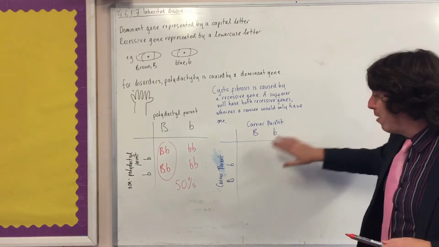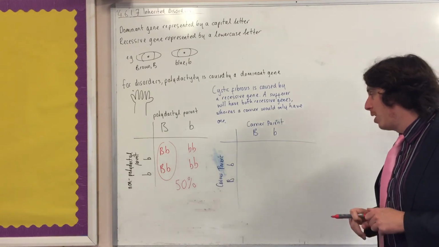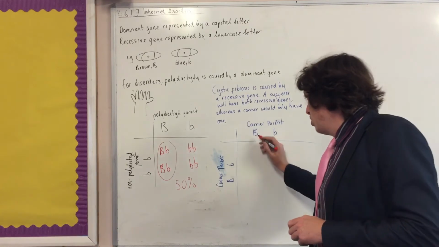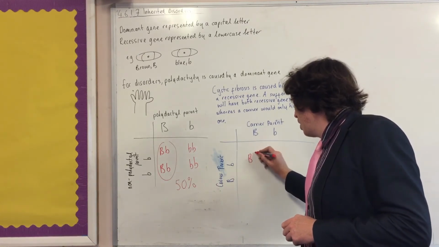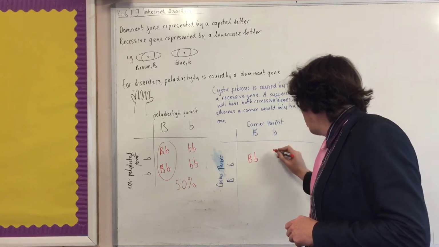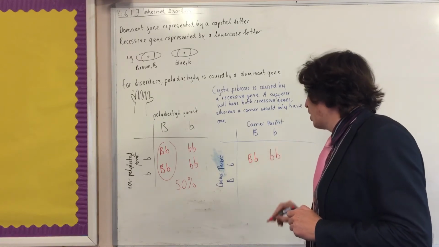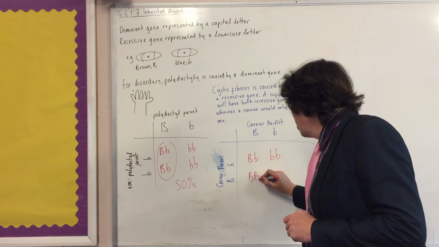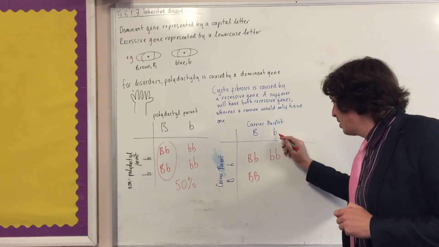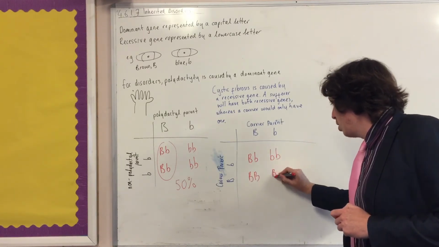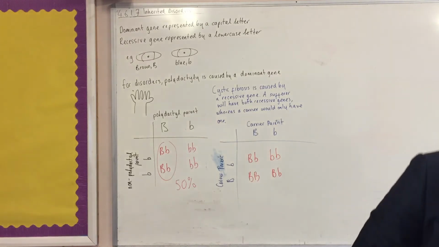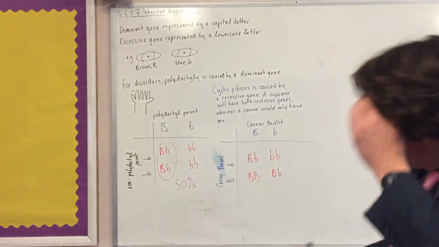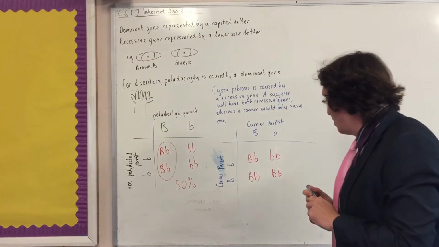So let's have a look. We've got two carrier parents here, both capital B, lowercase b. Following that through, we get capital B, lowercase b, lowercase b, lowercase b, capital B, capital B, and capital B, lowercase b. If we have a look at this situation, the chances are this.